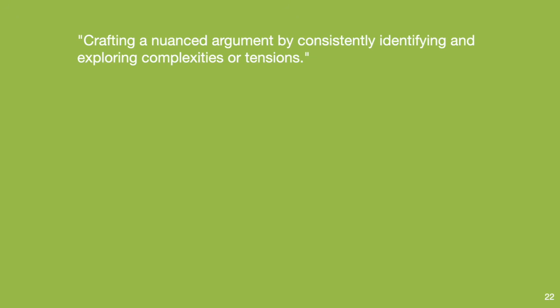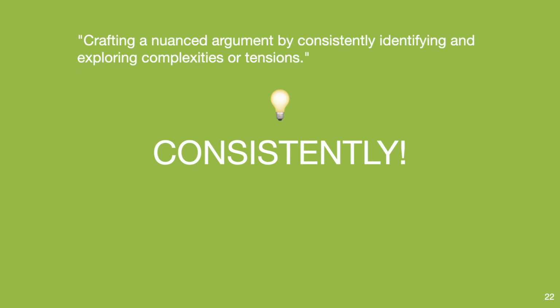And let me give you one more tip for the sophistication point. Look at the rubric's language again. Crafting a nuanced argument by consistently identifying and exploring complexities or tensions. The keyword is consistently. You don't earn sophistication with 1 or 2 good sentences.